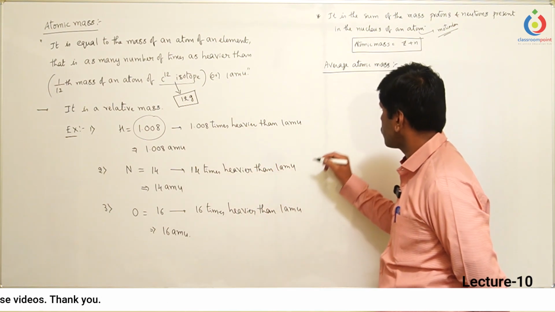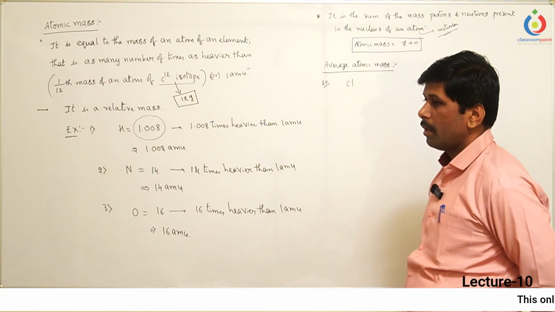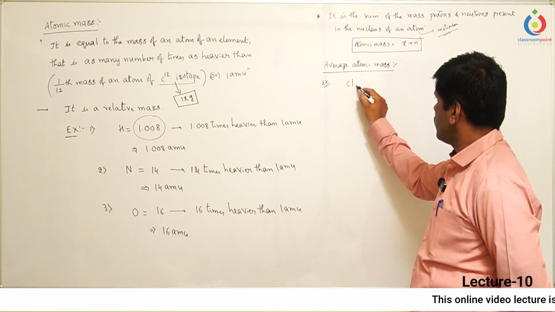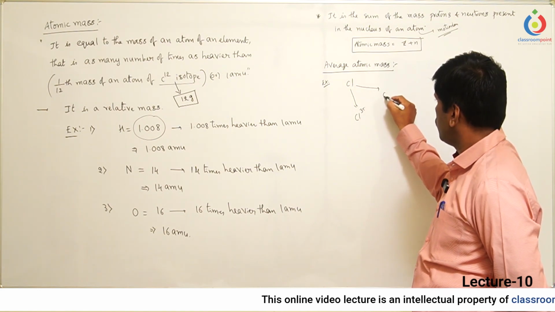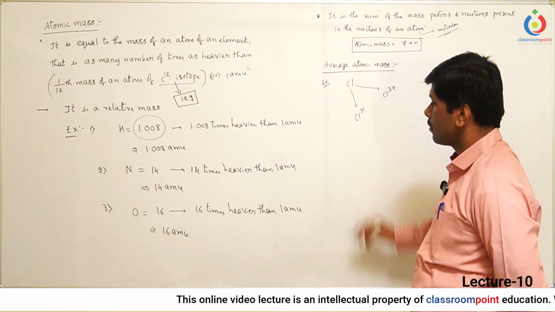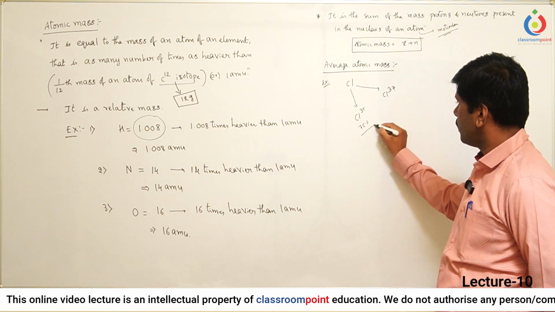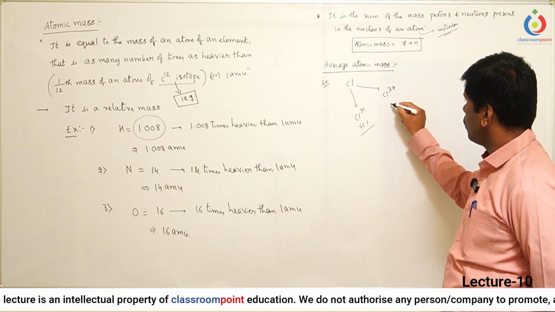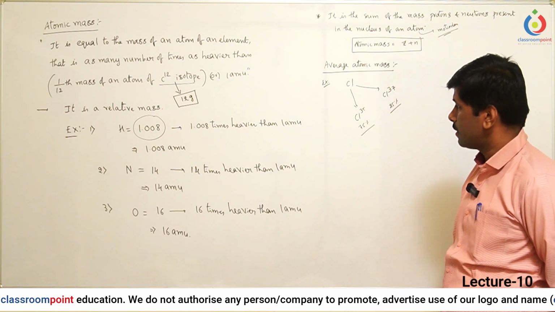For example, let us take chlorine. Chlorine in nature can exist in two forms, chlorine 35 and chlorine 37. Chlorine 35 is available almost 75% in nature, whereas chlorine 37 is available up to 25%.